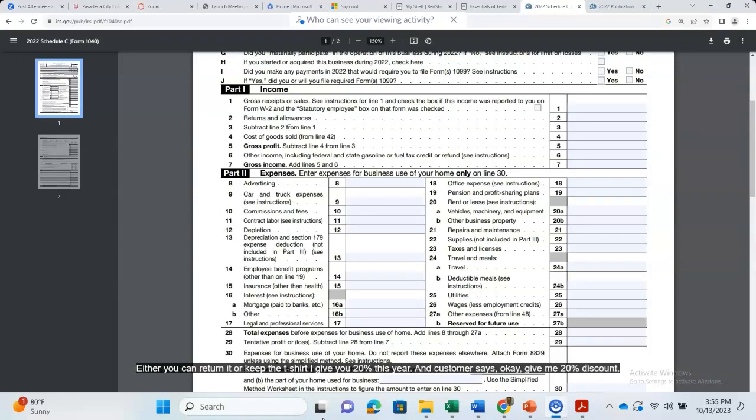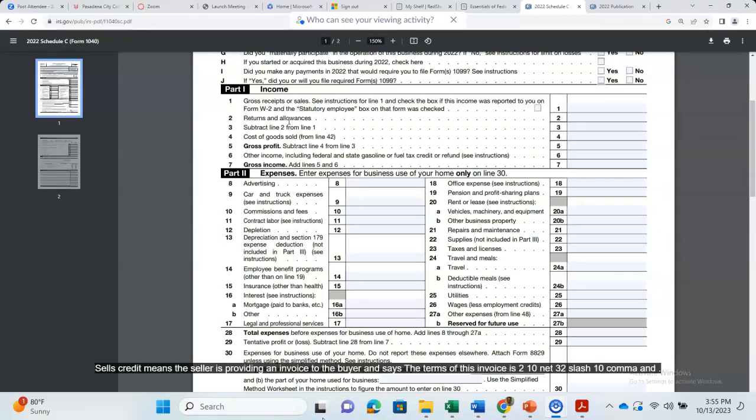Either you can return it or keep the t-shirt and I give you 20% discount. And the customer says, okay, give me 20% discount, I keep the t-shirt. So that 20% discount that you provide, that's a returns allowance. That's not a return. Okay, the other one that you said, it's a sales credit.